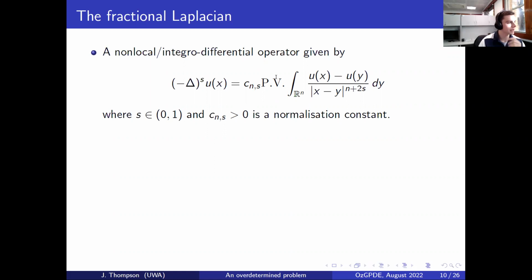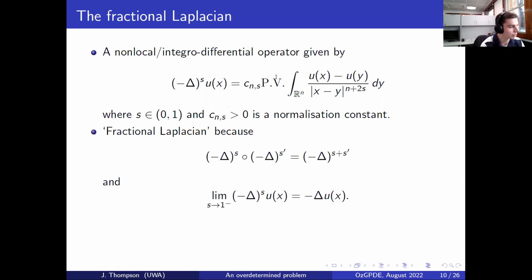It's not exactly clear from this definition, but the fractional Laplacian is actually a generalization of the usual Laplacian. The reason why we call it the fractional Laplacian is because it satisfies the following properties.